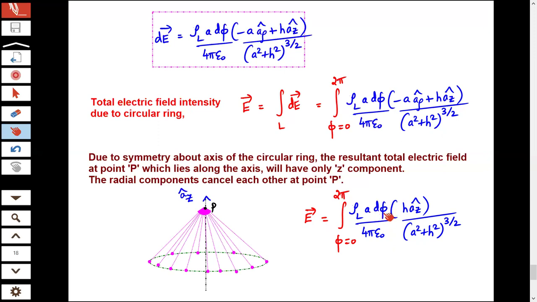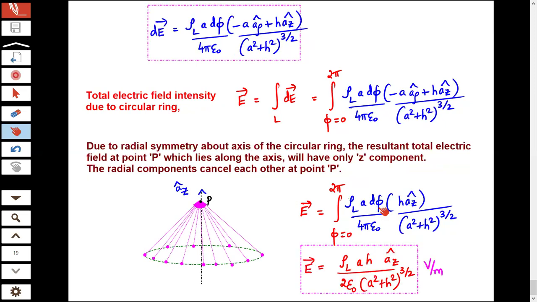Integrating with respect to phi, we get 2 pi as the resultant, which cancels with 4 pi in the denominator to give 2 in the denominator. The expression for electric field intensity due to circular ring of charge can be given as rho L A h by 2 epsilon into A square plus h square the whole power 3 by 2 in z direction with the unit as volt per meter.